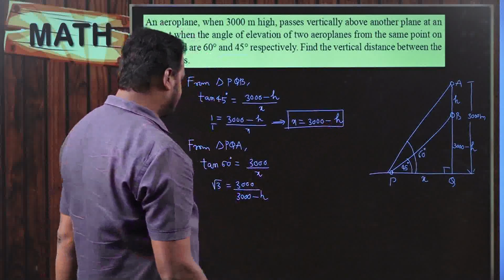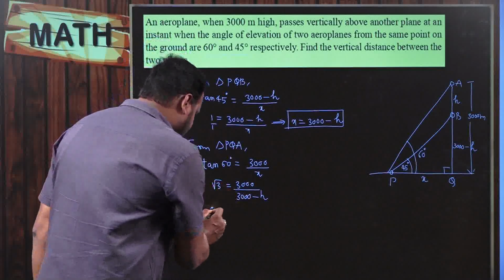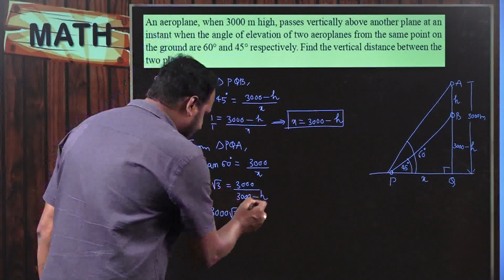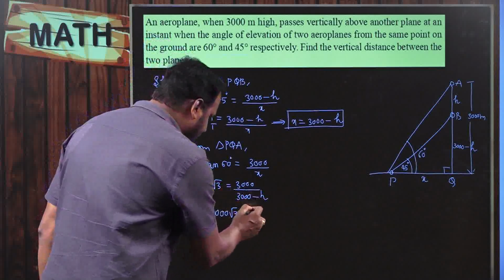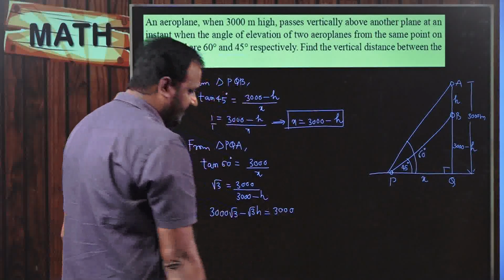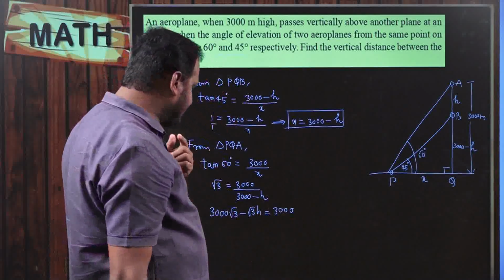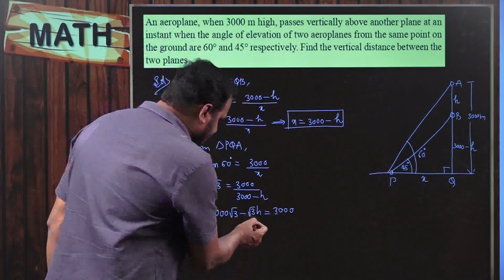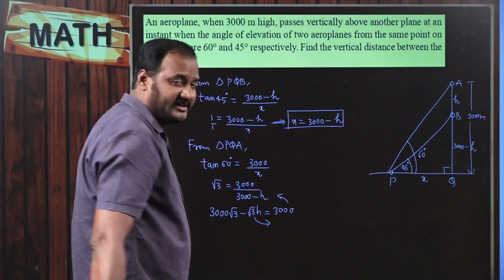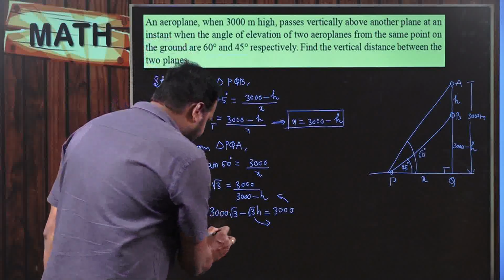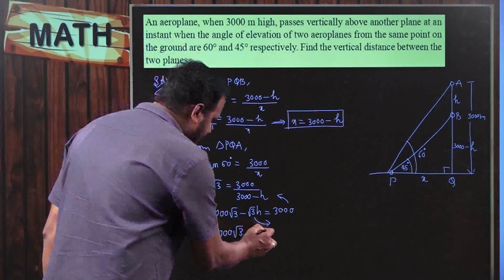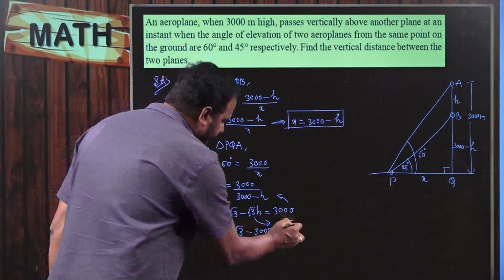By cross multiplication, root 3 into (3000 minus h) is equal to 3000, so 3000 root 3 minus root 3 h is equal to 3000. Since I want the value of h, I transpose root 3 h towards the right hand side and 3000 towards the left hand side. We have 3000 root 3 minus 3000 equal to root 3 h.